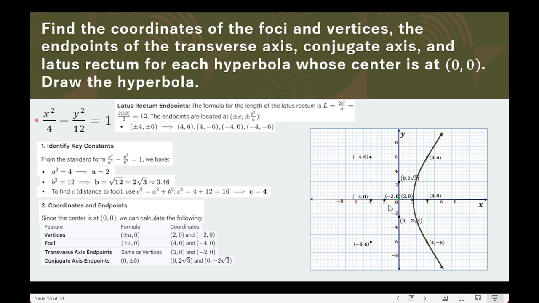We do the same on the other side, from the vertex going up this way and from the same vertex going down. So here is the graph of the hyperbola with the given equation.